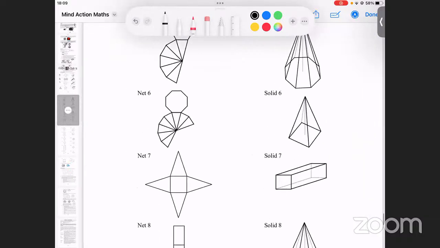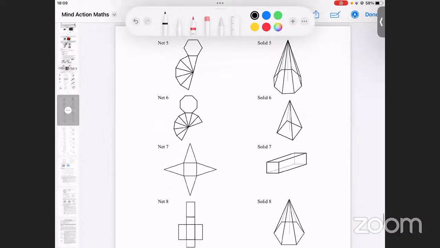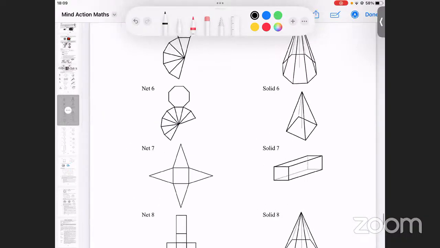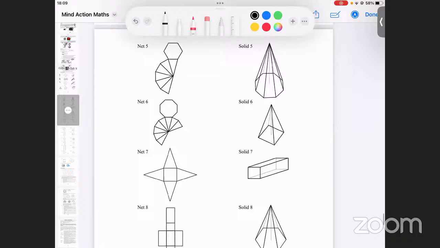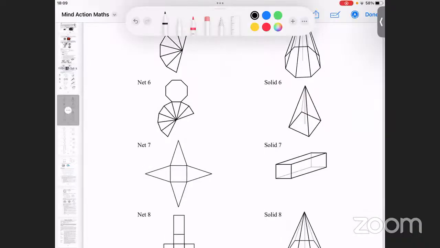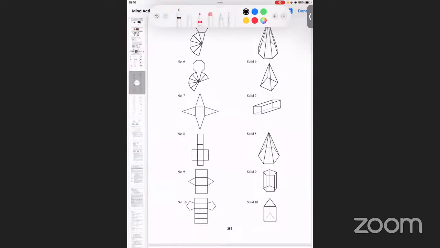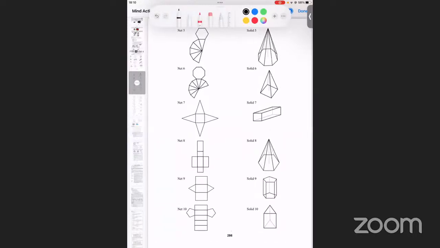And then here we have these ones. Maybe I should rotate these so that you can see all of them. Are you able to see all of them? Yes, ma'am. All right. And what's going to be net 5?